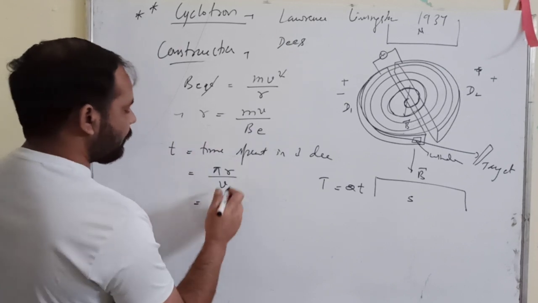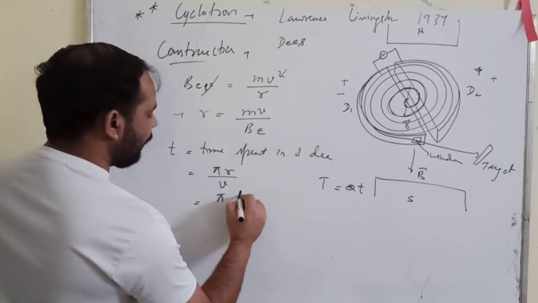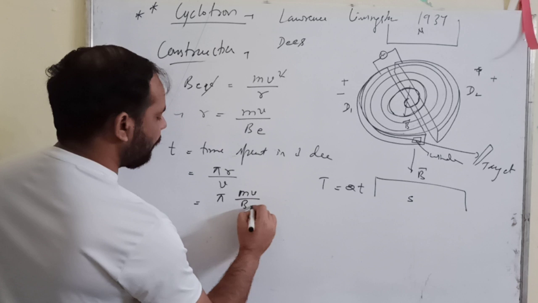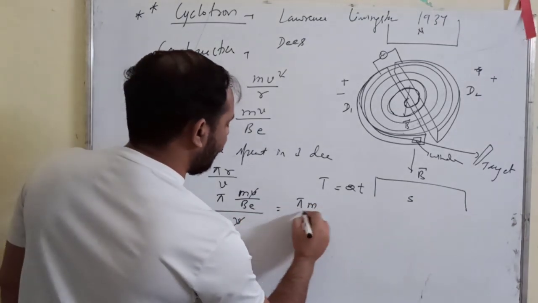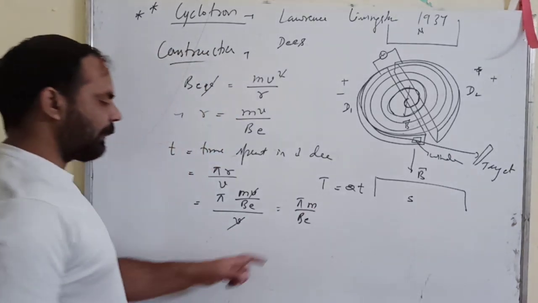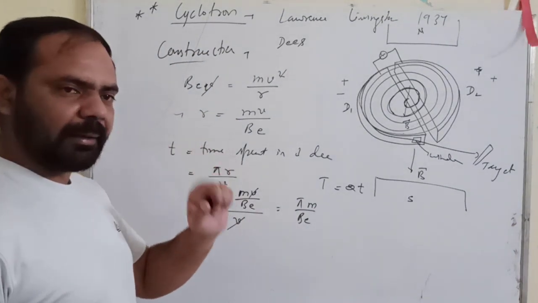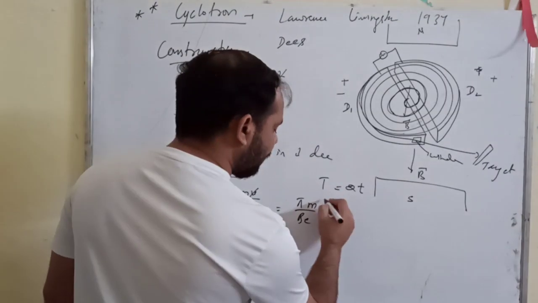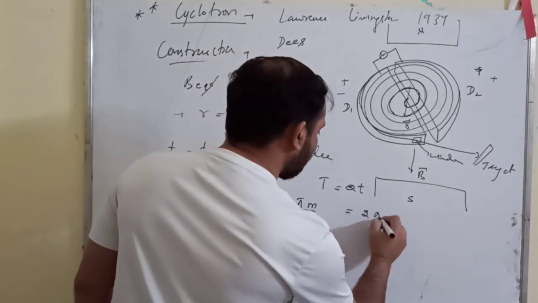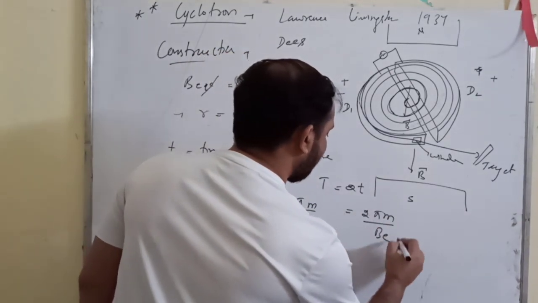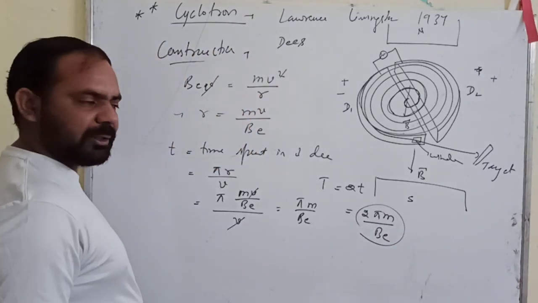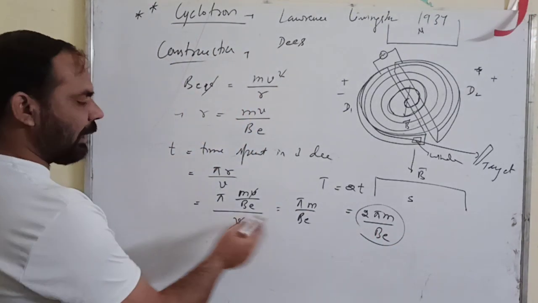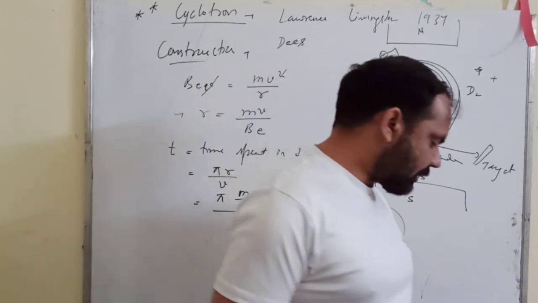Now r is this value, so pi m v upon Be upon v. v and v will cancel: pi m upon Be. This is the time spent in one D. So the total time of revolution is equal to 2 pi m upon Be. Now you can see that pi, m, B, e are all constants. So the time period is constant, and the time spent in a D is also constant.